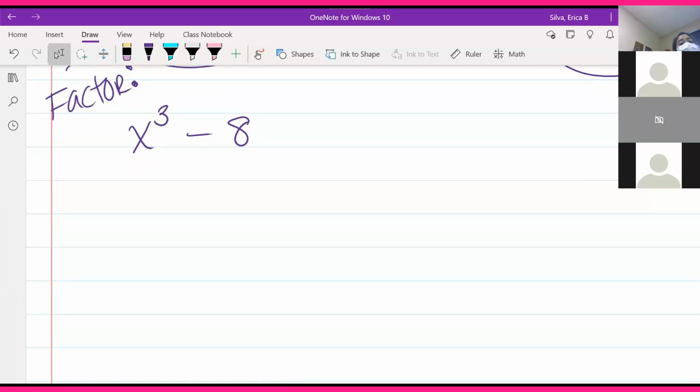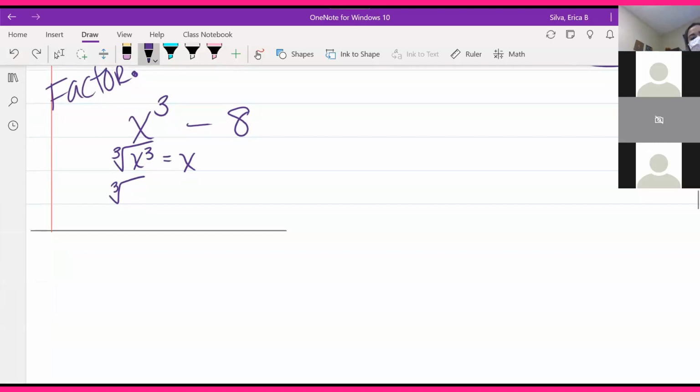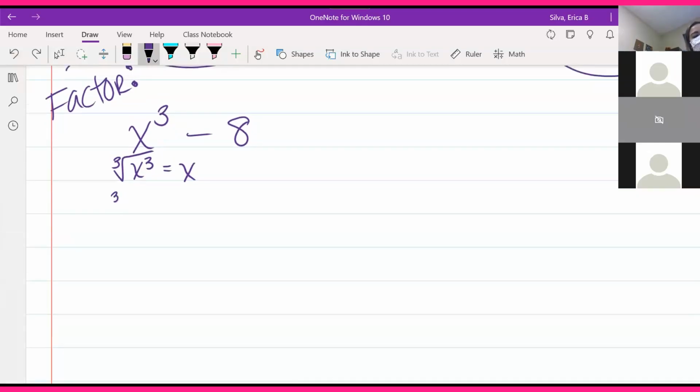Then we need to check to see if they're both perfect cubes. Is x cubed a perfect cube? Yes, the cube root is x. Then we check 8. If we do the cube root of 8, we get 2. So they're both perfect cubes.